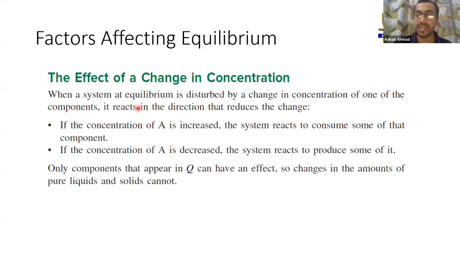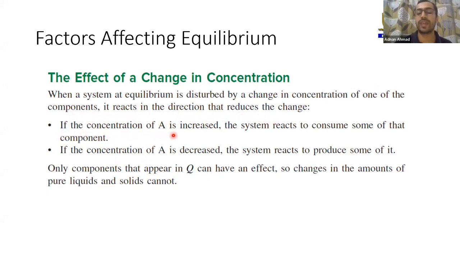When a system is at equilibrium, the rate of the forward reaction is equal to the rate of the reverse reaction. If it is disturbed by a change in concentration of one of the components, by components we mean either the reactants or the products, it reacts in the direction that reduces the change.